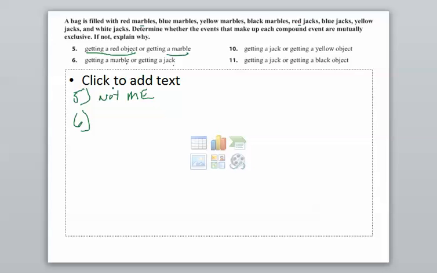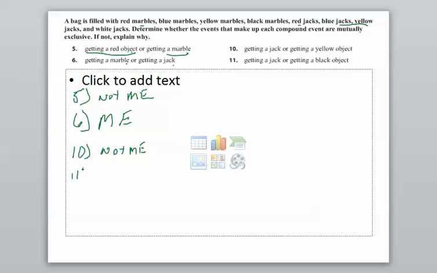Okay? Number 6, getting a marble or getting a jack. Well, those two sets are exclusive of each other, so that one is mutually exclusive. How about number 10? Getting a jack or getting a yellow object. Well, did we have any jacks that were yellow? Yes. And so this one would be not mutually exclusive.